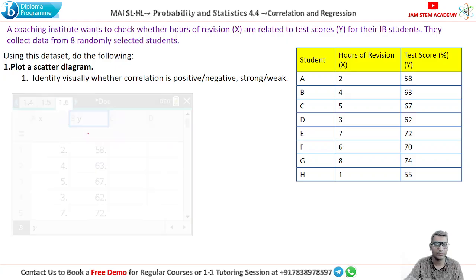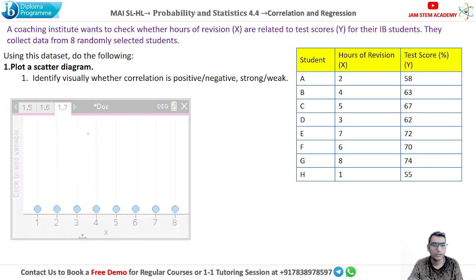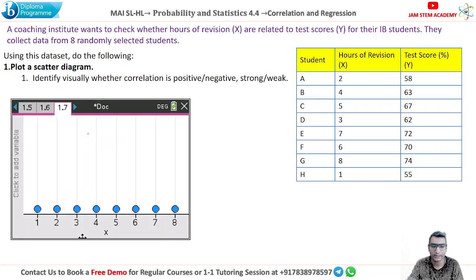So add a page and select add data and statistics. Automatically it will take you to a data and statistics page where your data will be shown like this. Now along the horizontal, select your independent variable. This time I am taking the independent variable as hours, x.